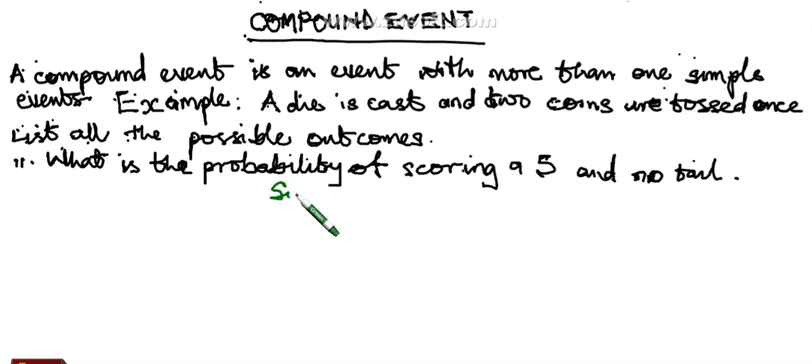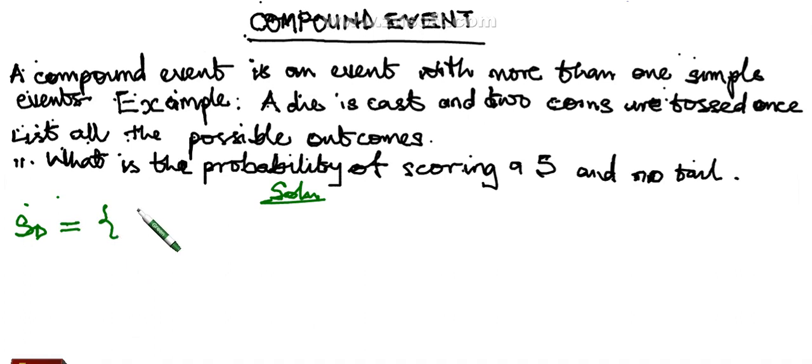So we see how we solve the solution. Okay, so we say a die is cast. So we can make the sample space for the die, let's say SD. So SD is the sample space for the die, and the die is cast once.